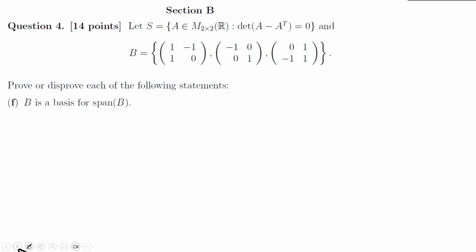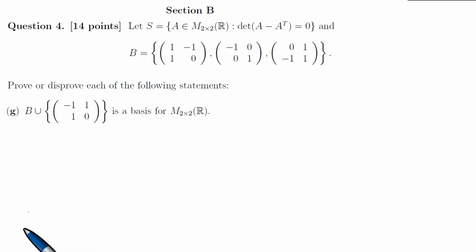So now I want us to deal with this one of G. Prove or disprove each of the following. Now there's what we call basis extension. This basis can be grown. We can add another element so that in the end, this one becomes a basis of that.